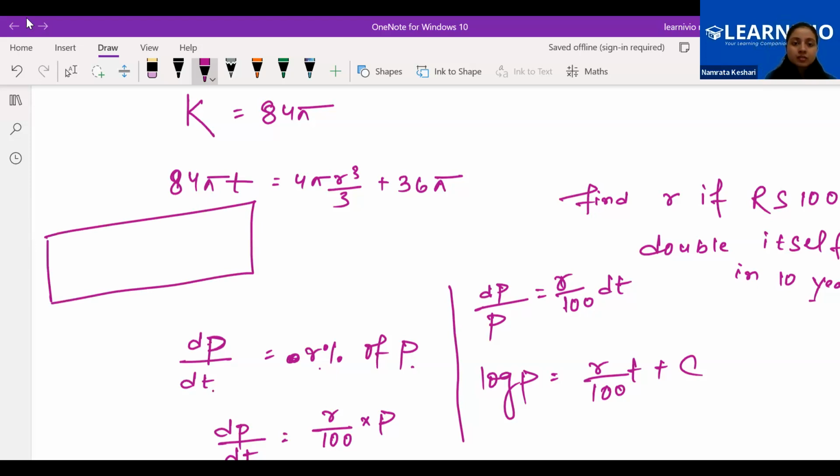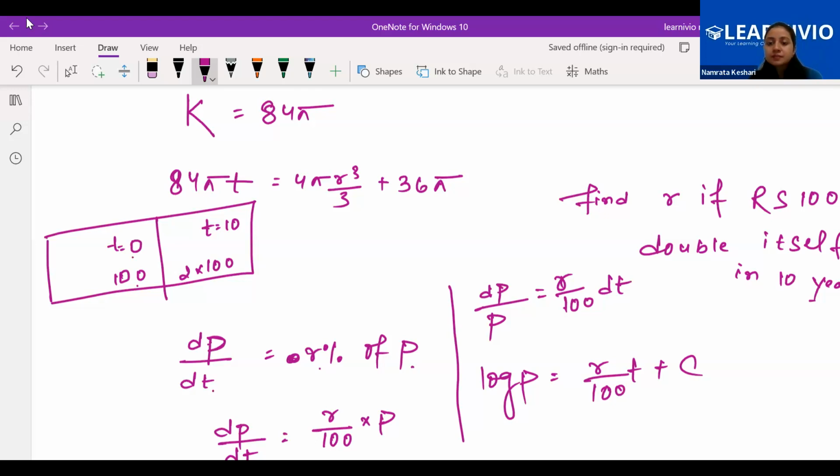In 10 years, 100 rupees is getting doubled. Initially 100 rupees was there. After 10 years, it got doubled. That's what the condition says.